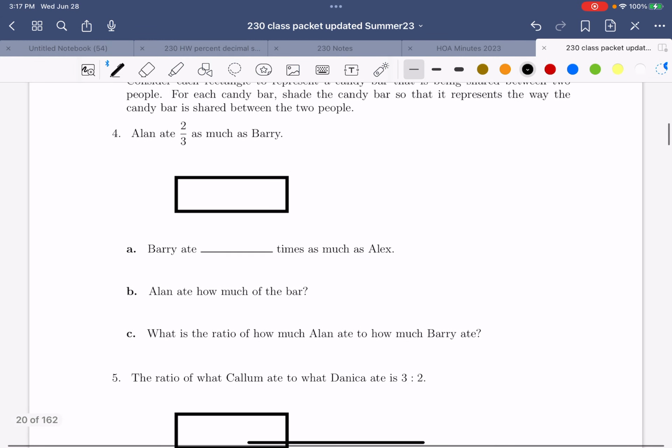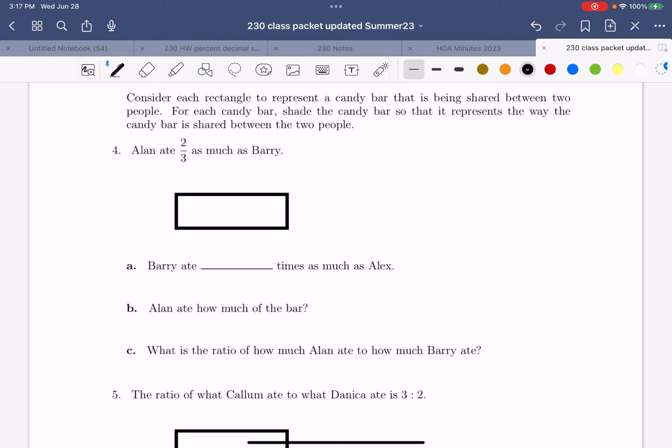And we've got another one. Consider each rectangle to represent a candy bar that is being shared between 2 people. For each candy bar, shade the candy bar so that it represents the way the candy bar is shared between the 2 people. Okay. For part A, we have Alan ate 2/3 as much as Barry. When I set this up, I'm thinking about that ratio 2 to 3. The first thing that's identified when the language looks like this is my top.